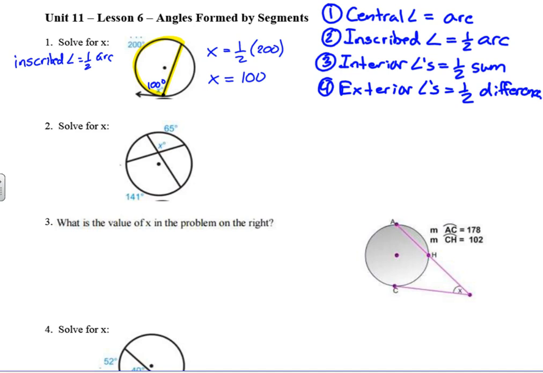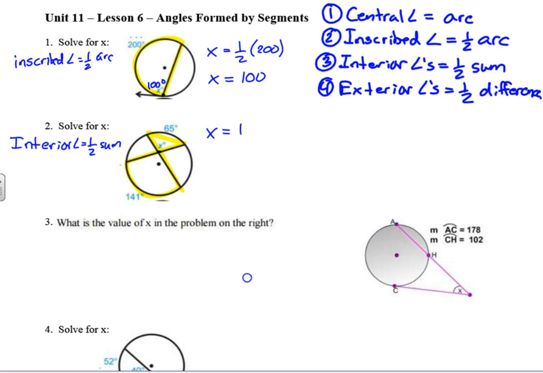Okay, number two, solve for x. Where is the vertex? The vertex is inside, so we're going to call this an interior angle, and that is half the sum. The sum of what? The sum of the two intercepted arcs. If you take these two lines and extend them out to where they hit the circle, you go to the ends and you see those two arcs.